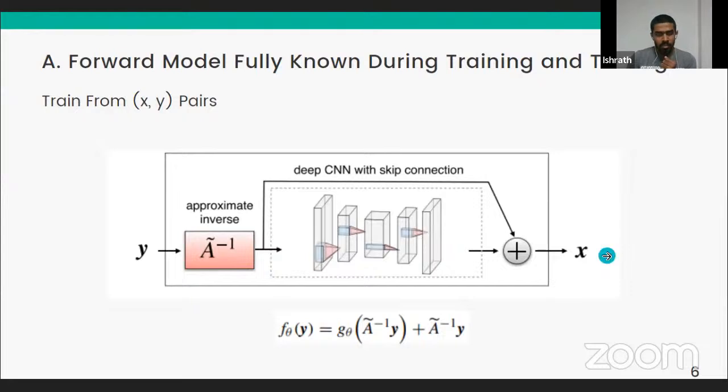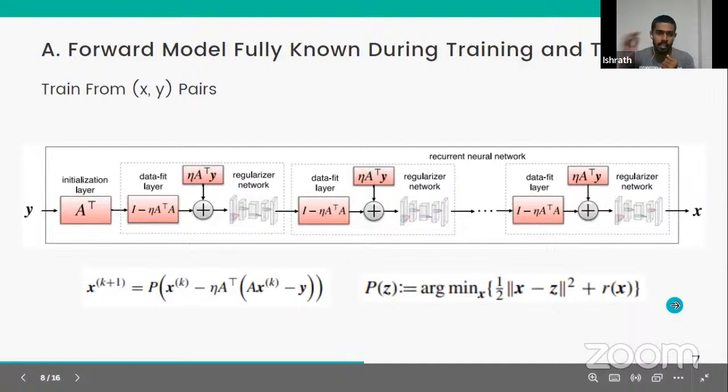So the interpretation is that this network learns the residual between the initial estimate of x and the final estimate of x. Before speaking on the pros and cons of this architecture, let's also see the next one.